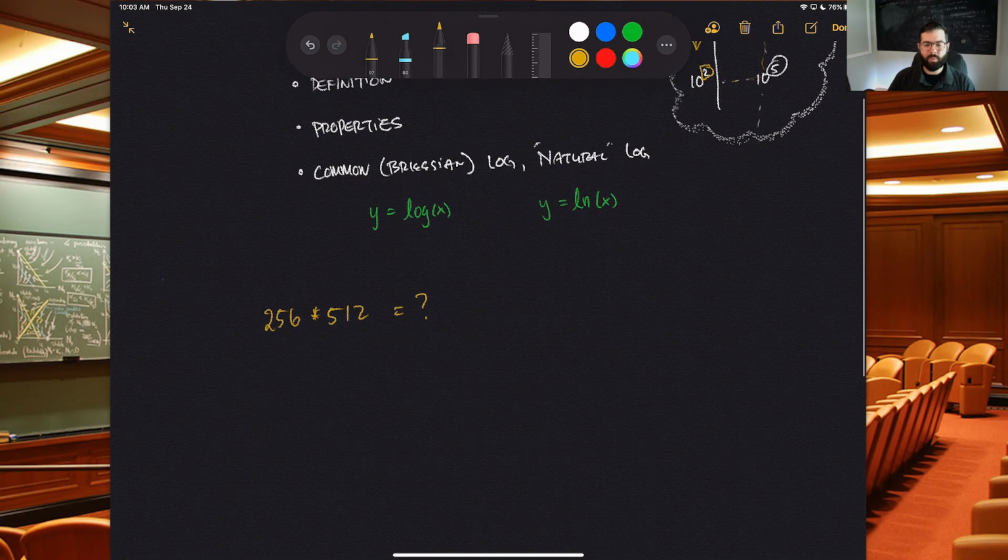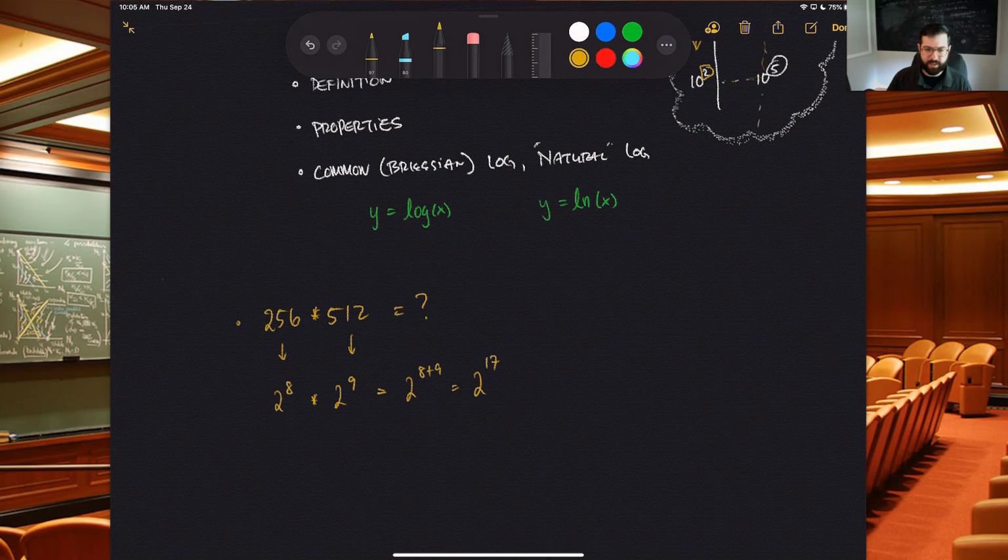So one way that this would have been answered back in the day is to notice, well, 256 times 512, we could instead view this as 2 to the 8th power times 2 to the 9th power. And we would know from exponent rules that this is equal to 2 to the 8 plus 9, which is 2 to the 17th power.